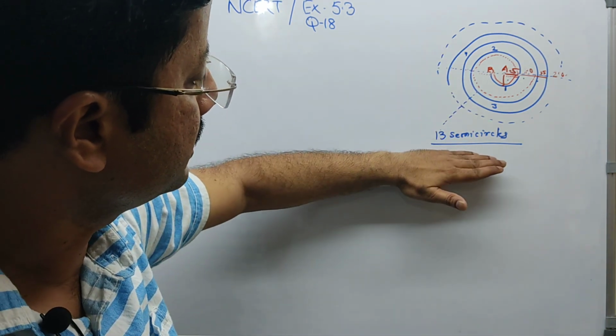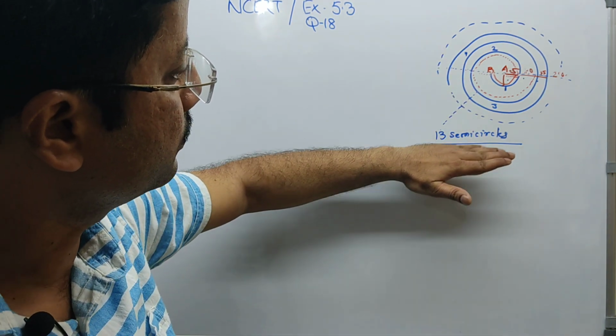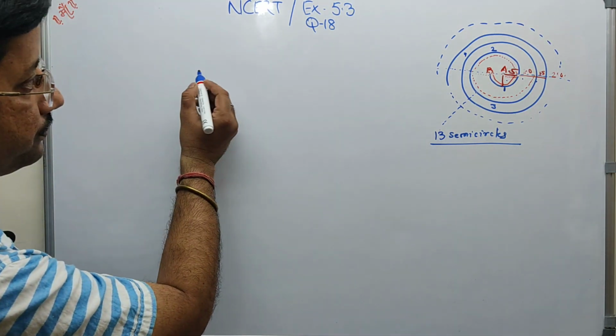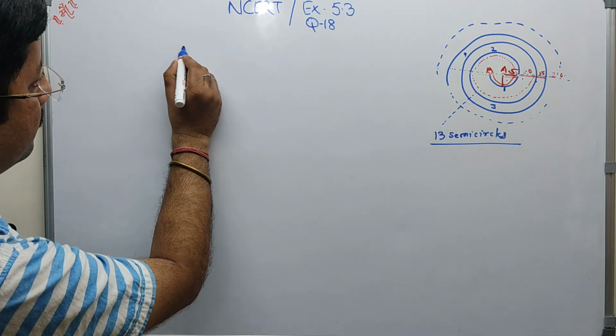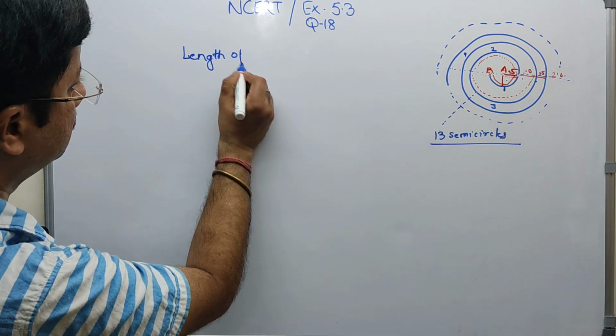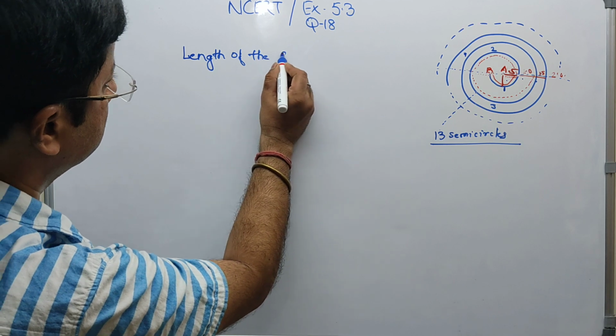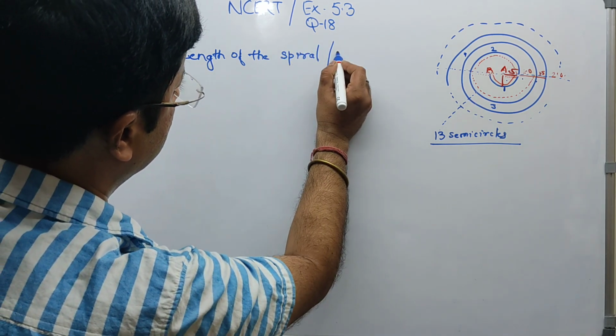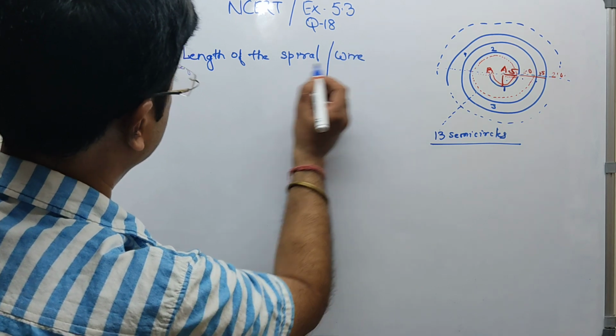Now there are 13 semicircles here, so we have to find the length of the spiral, or wire, the total length.